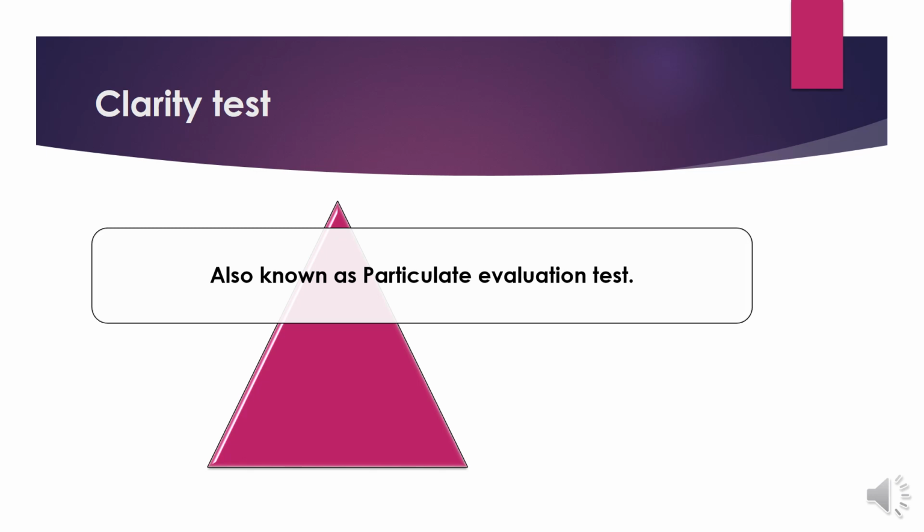So that's why its name suggests a particulate evaluation test. We are going to evaluate the number and the size of the various particulate matter available in the sample, and through this we are going to decide about the clarity of our product.